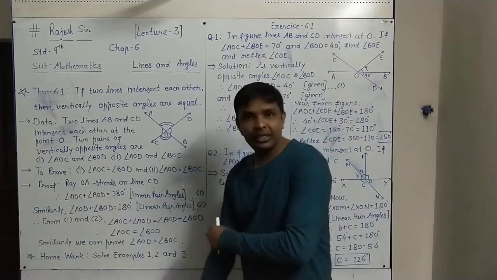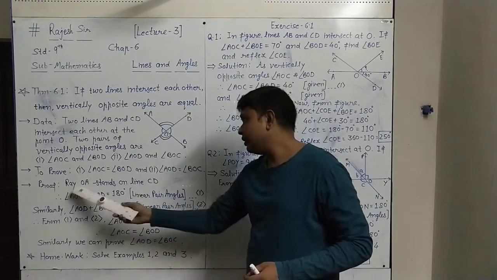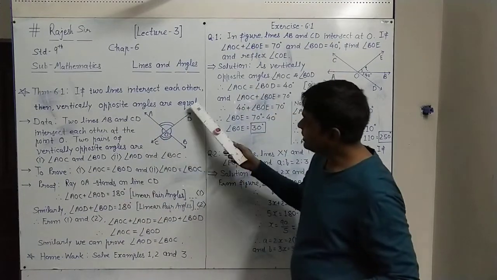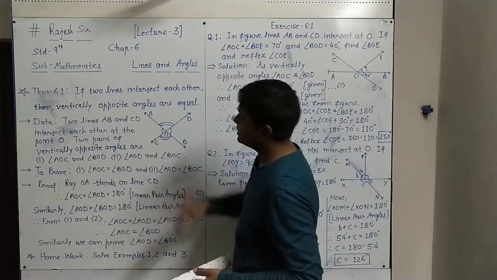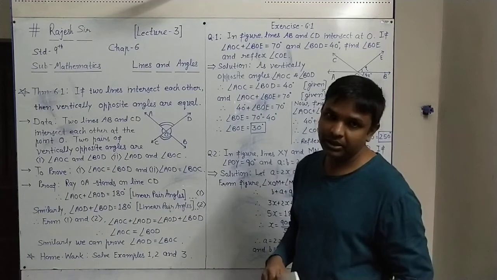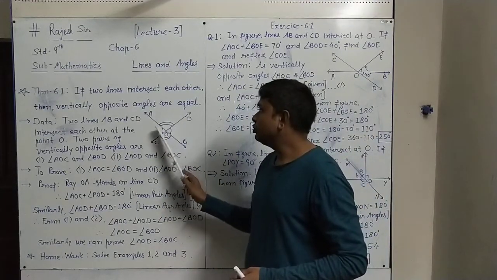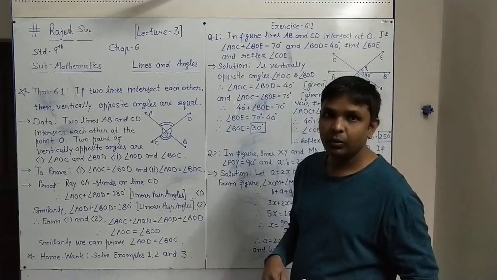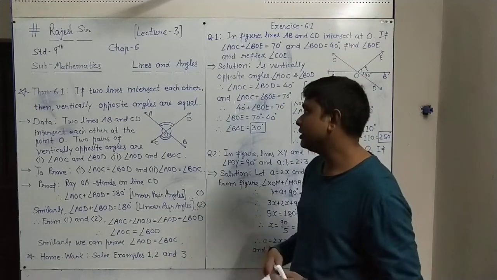In the proof we start with, as in the figure you can see, ray OA. This ray OA stands on the line CD. So as Axiom 6.1 we have seen, if a ray stands on a line, then the sum of the two adjacent angles will be 180, and they are called a linear pair. So we will use that here.